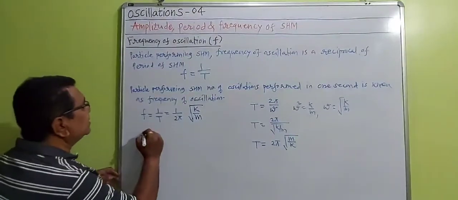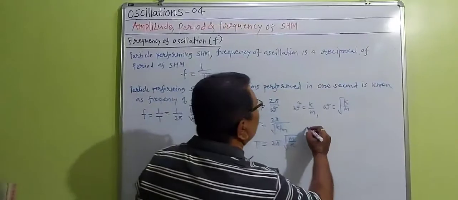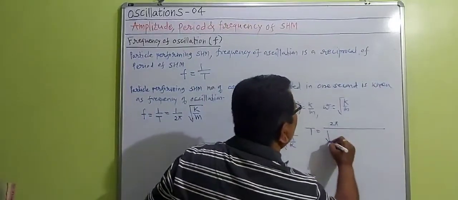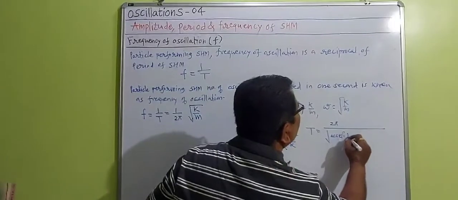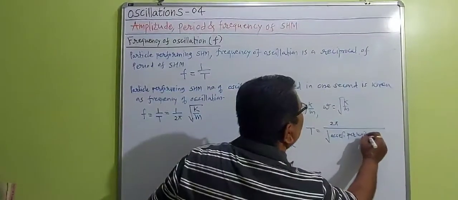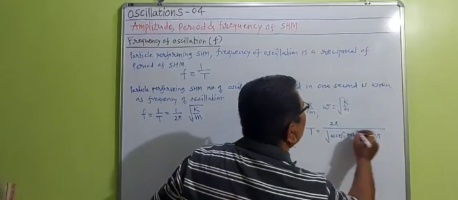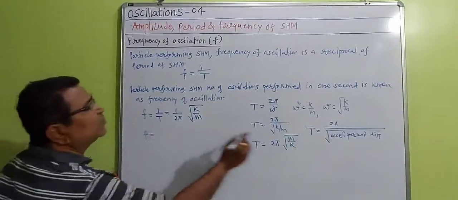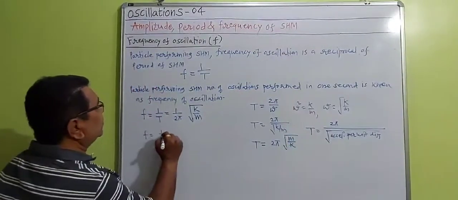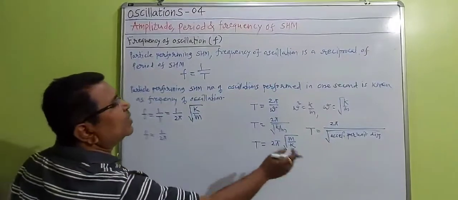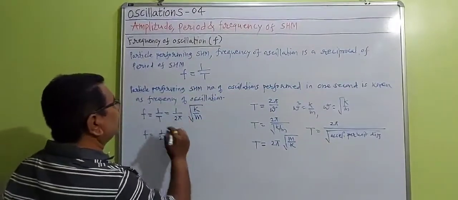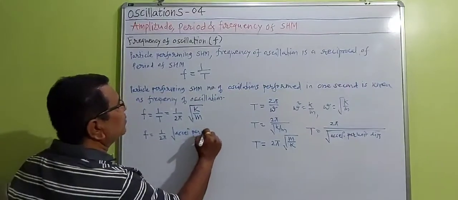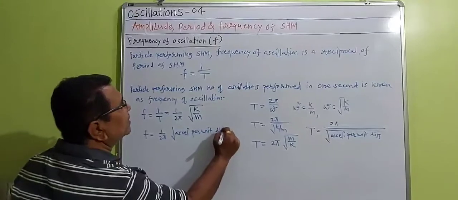Or we can write it another way. We also know the formula of period: T is equal to 2 pi upon square root of acceleration per unit displacement. Taking the reciprocal, f is equal to 1 upon 2 pi times the square root of acceleration per unit displacement.